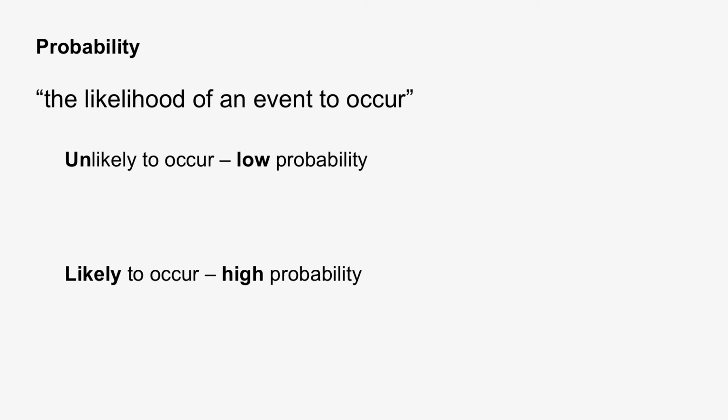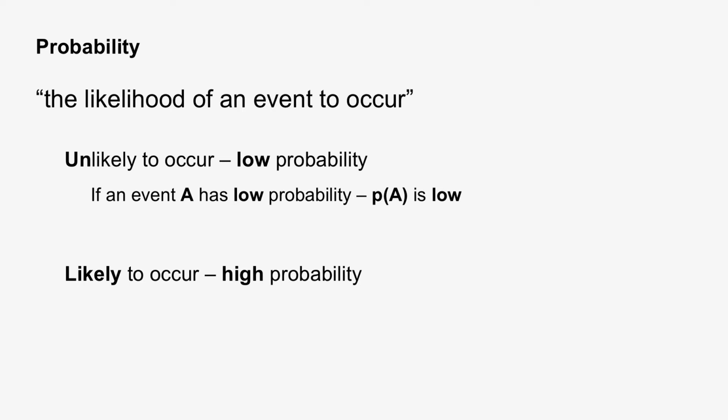Now, what do we mean by probability? It's about the likelihood of an event to occur. If an event is unlikely to occur, the probability is low. And of course, if an event is likely to occur, we speak of a high probability. We can assign numerical values to probability.